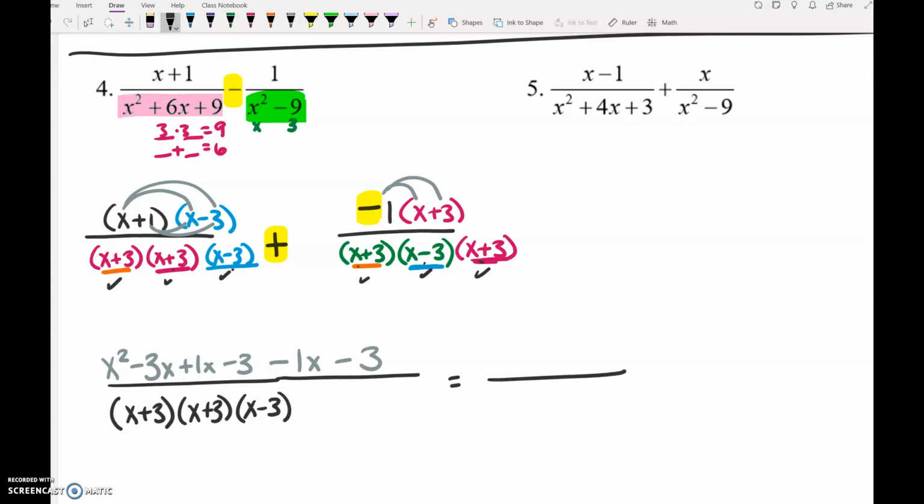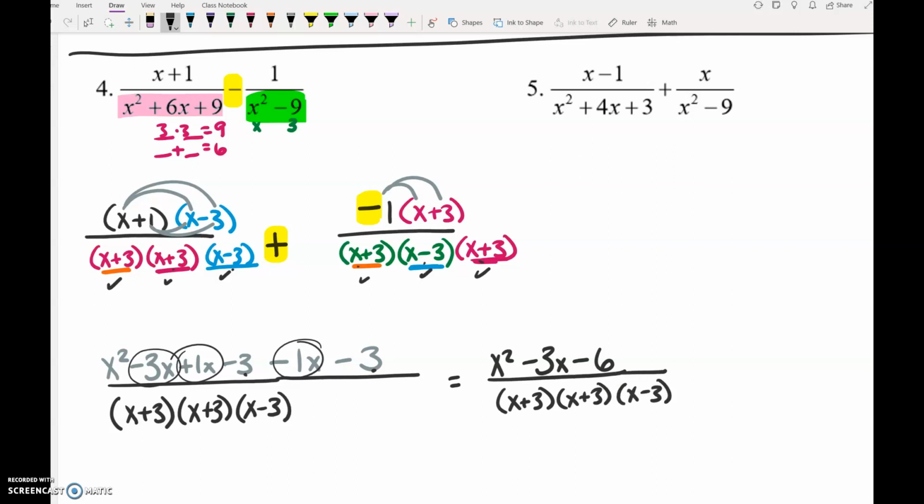And then we can simplify, combine our like terms. So we've got x squared on the top. We've got negative 3x, positive 1x, and negative 1x. So that's going to become negative 3x. Negative 3 and negative 3 will make negative 6. And our denominator is x plus 3, x plus 3, x minus 3.